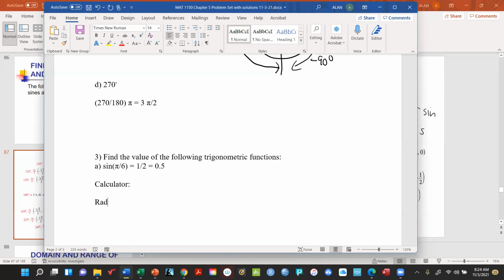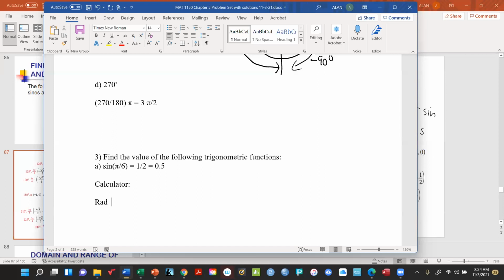There we go. So hit radians, and now type in, there's a pi button on here somewhere. Where is it? Yeah, there it is. It's in the very bottom row, not right next to the 0, but very close to it.